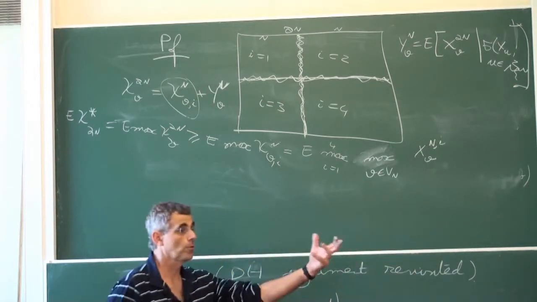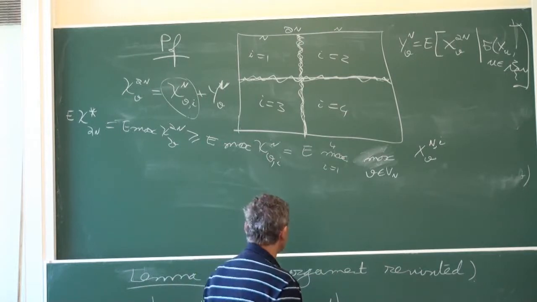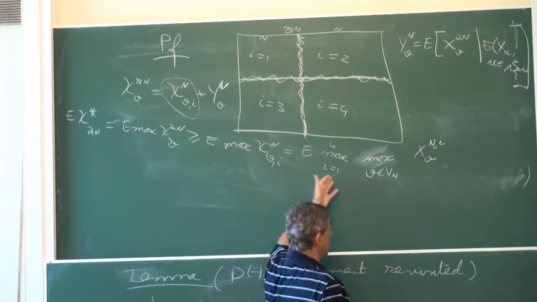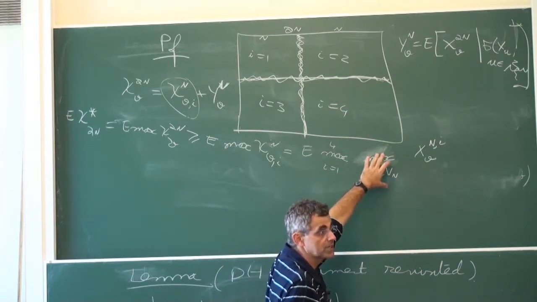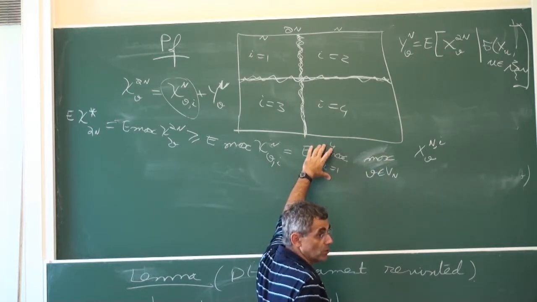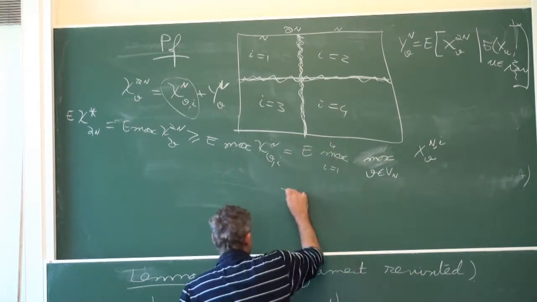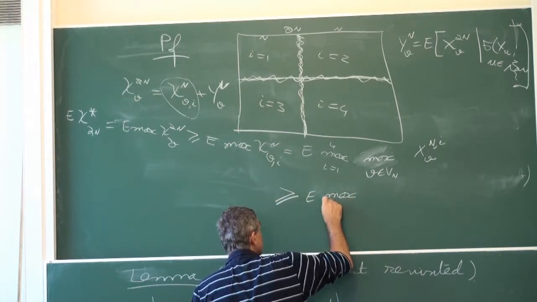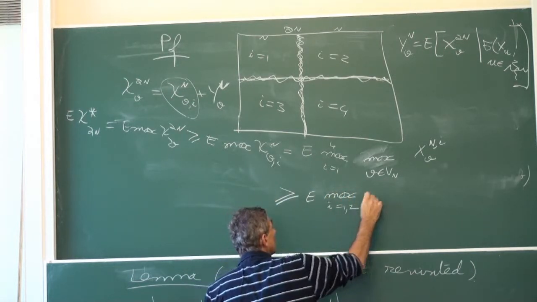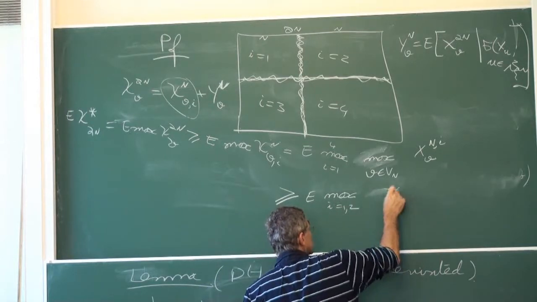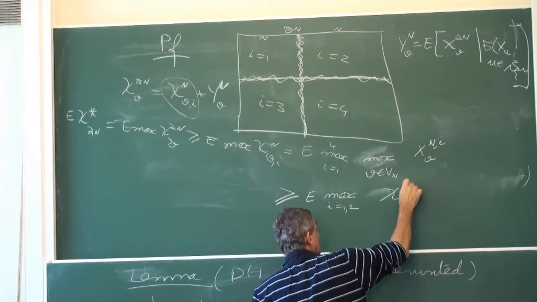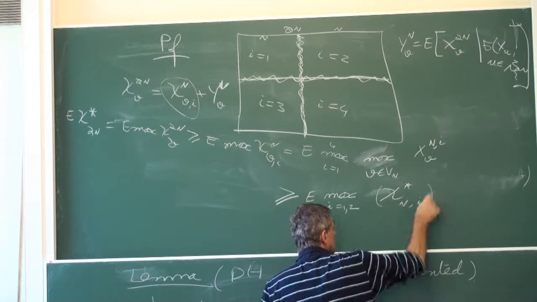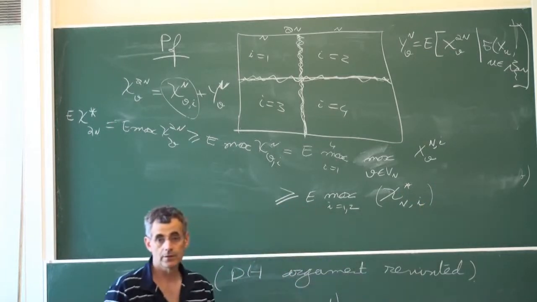So we have 4 copies of this Gaussian free field. So I can write the maximum as a maximum inside each box and then the maximum over boxes, which is clearly greater than the expectation of the maximum of X_n^{*,i}. By this I mean independent.